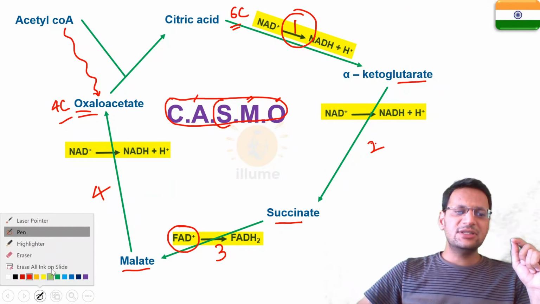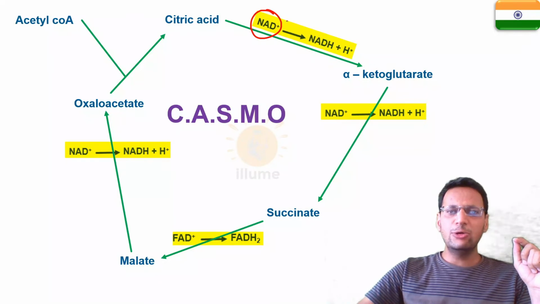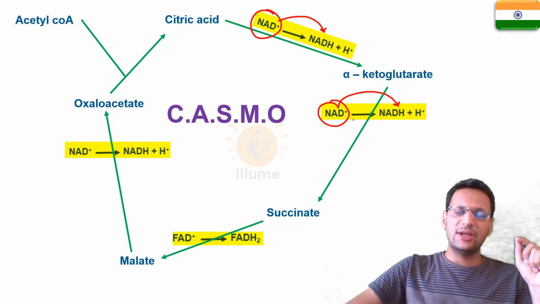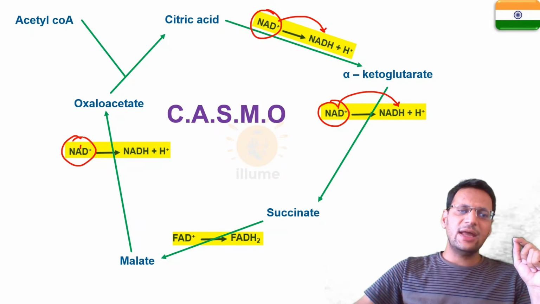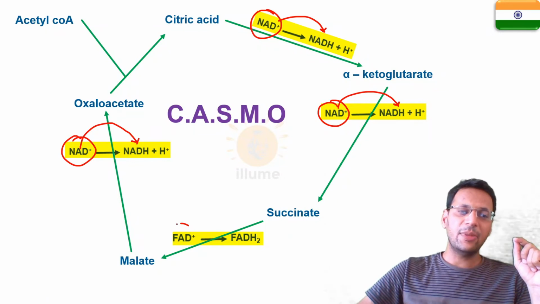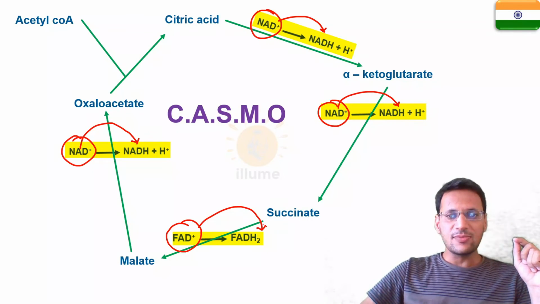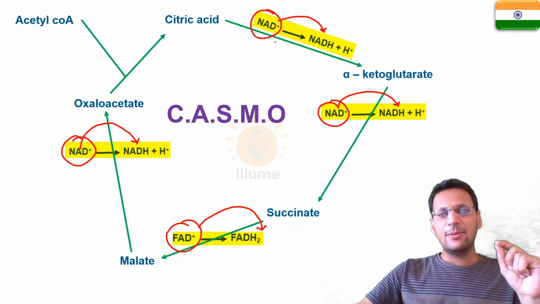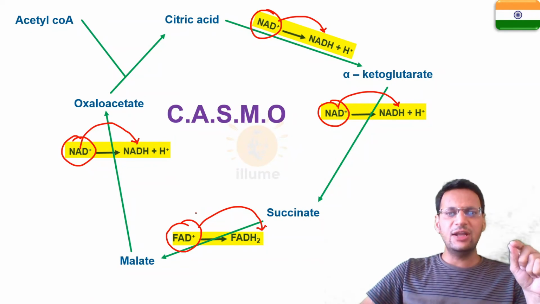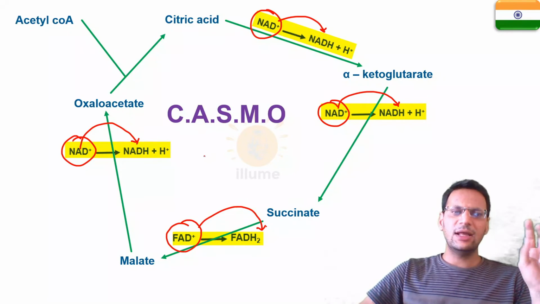In the first, second and fourth steps, NAD+ is reduced to NADH. And in the third step, you have to remember that FAD+ is reduced to FADH. On every single step, there would be reduction, but in the third step, there would be reduction of FAD+ and not NAD+. This is the first thing that you have to remember.